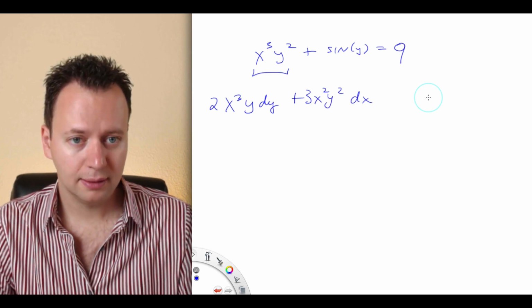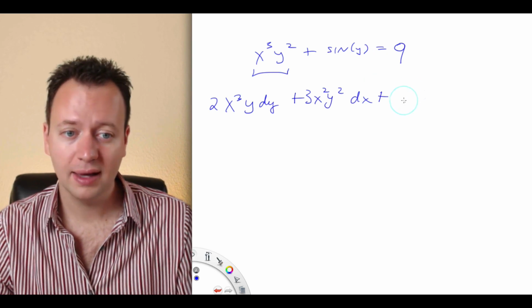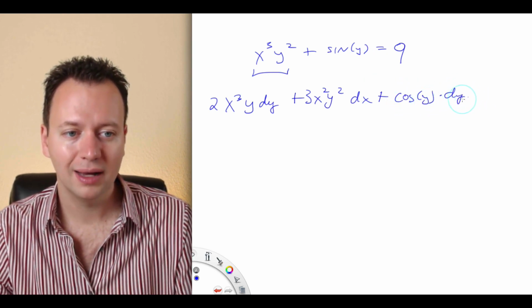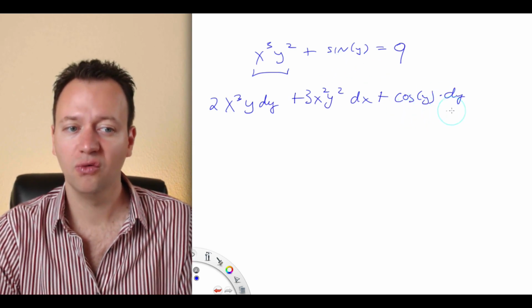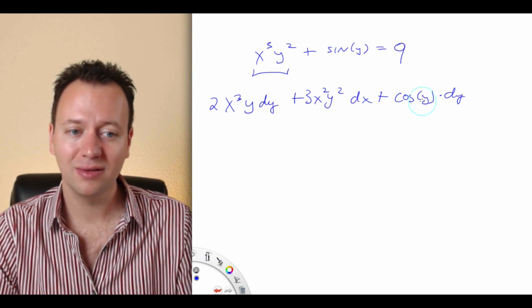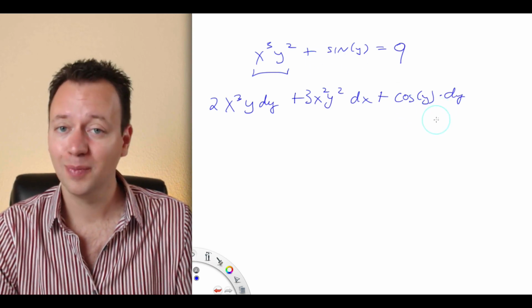Plus the derivative of sine of y with respect to y is cosine of y, and then we multiply by the differential dy. So it's just like d of sine of y is cosine of y dy. And if you want d by dx of sine of y, you just divide this by dx. If you want d by dz of sine of y, you just divide this by dz.